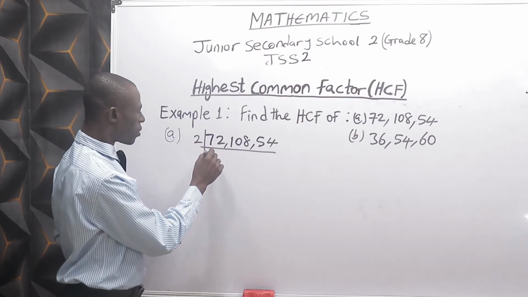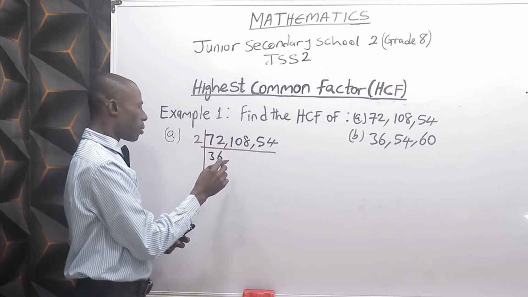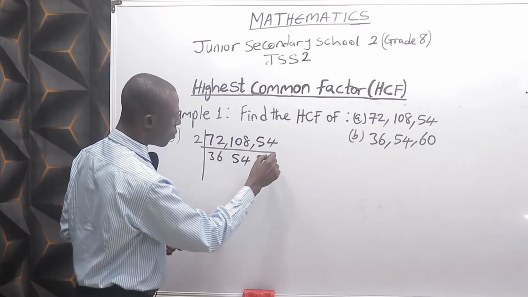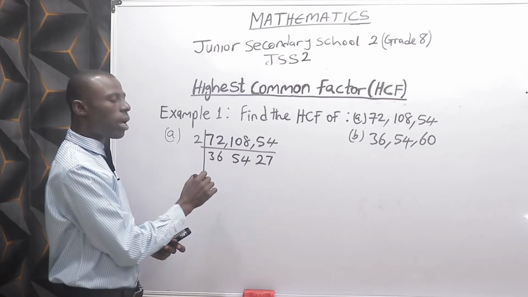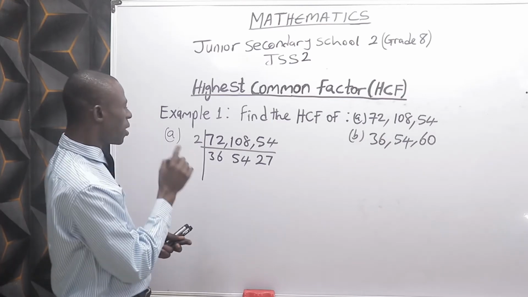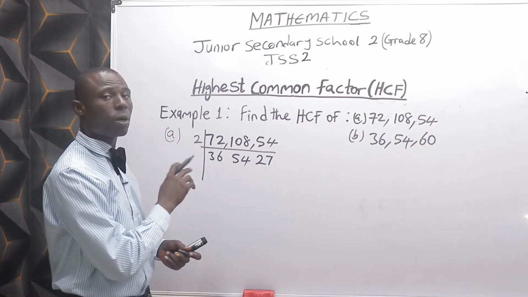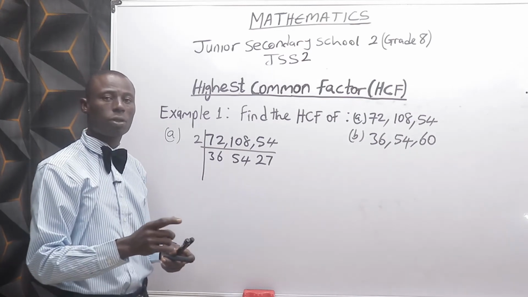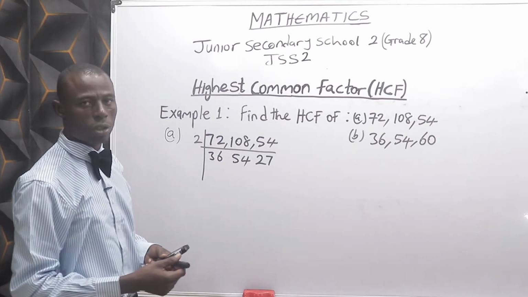2 goes in 72, in 108, in 54: 36, 54, 27. 2 can no longer go in all, because when you are using the long division approach to find the HCF, the difference between HCF and LCM is that in LCM we use all the available prime factors, but in HCF we use only the prime factors that can divide all the numbers in consideration.